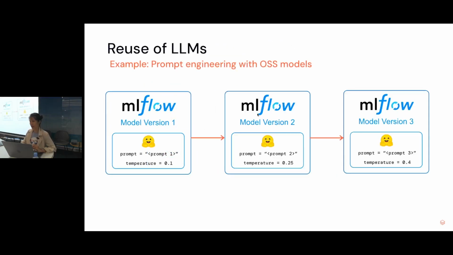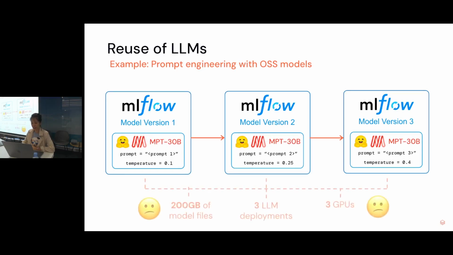Another big question we usually hear from people who work in companies is around cost and managing all these models. If I want to use Hugging Face or MPT30B, imagine if I have 3 developers and all of them put MPT30B onto a GPU for testing purposes.